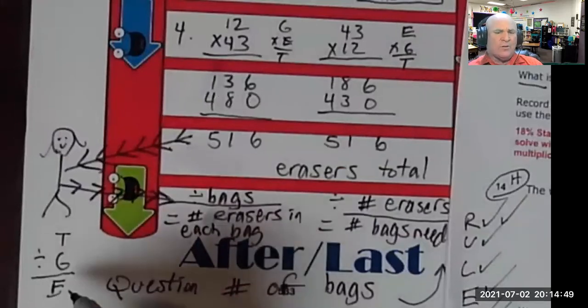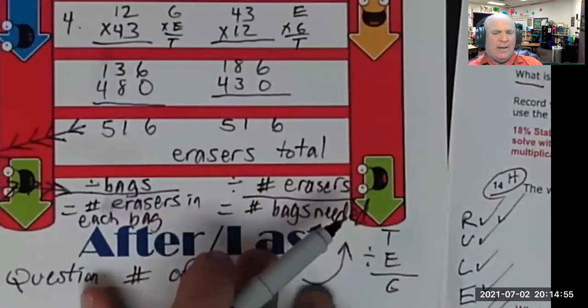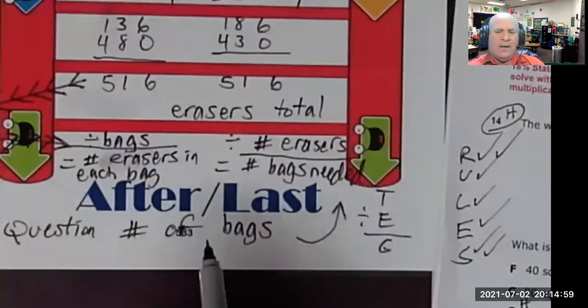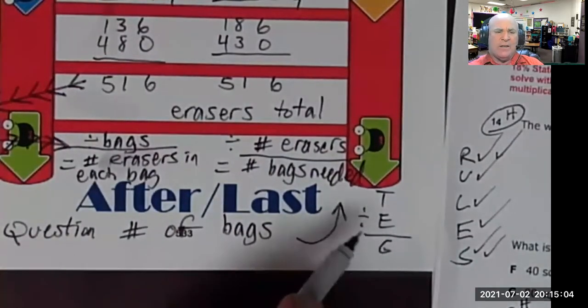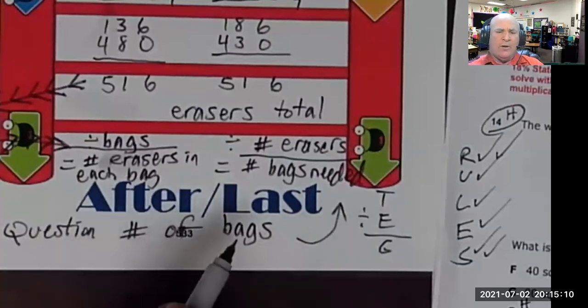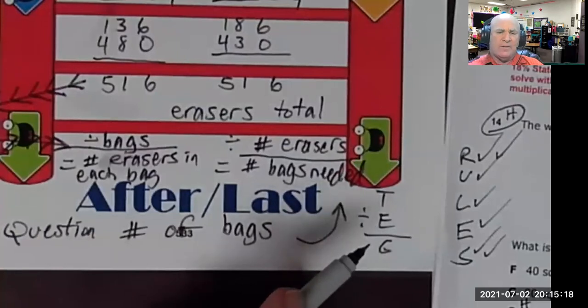So you have to also show your kids the other way: your total divided by how many are in each bag. You'll get how many groups, which is what they were asking. How many groups? How many bags? Because we already know that there's going to be 6 erasers in every single one of these groups, in every single one of these bags.